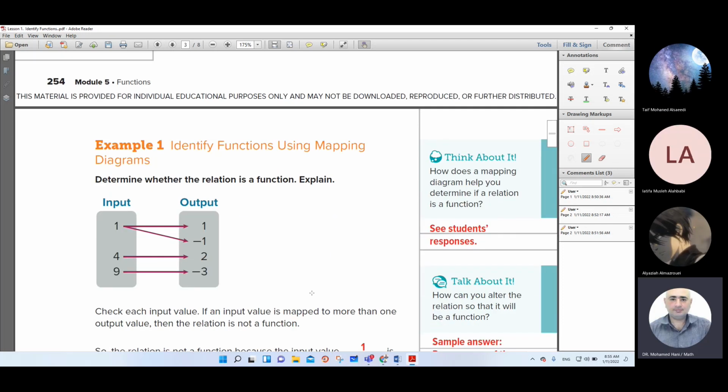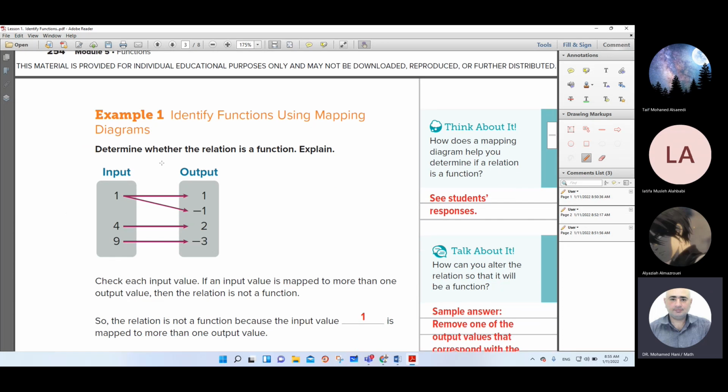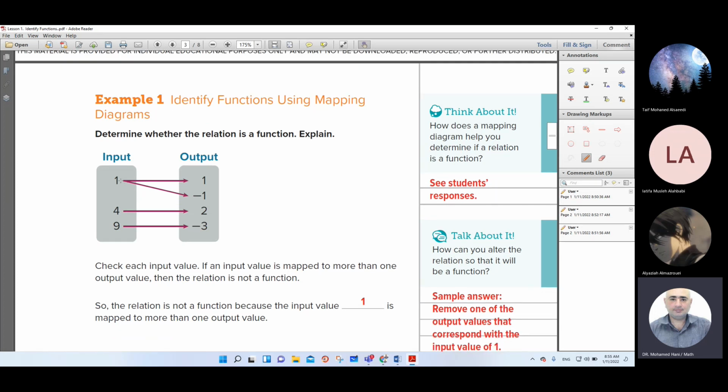Identify functions using mapping diagrams. For example, determine whether the relation is a function. Explain. As you see in this input, from element 1, we have two relations, between 1 and -1. So more than one means not a function. So check each input value.